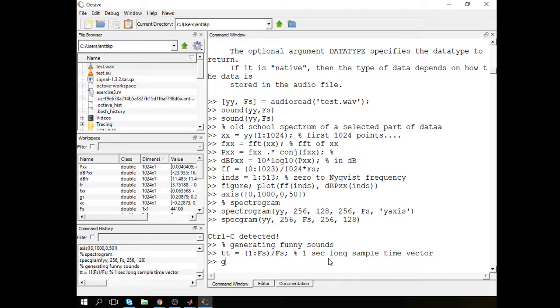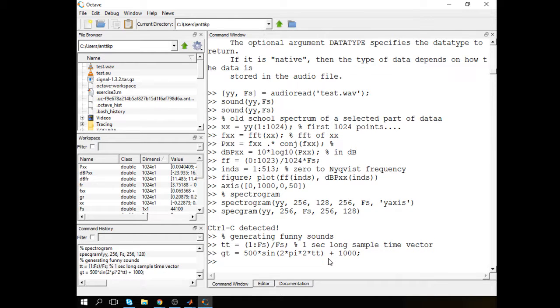So my g(t) is sine of 2 times pi times 2 times a second times t, and with the amplitude of, say, 500 hertz, and with offset, okay, of 1 kilohertz.